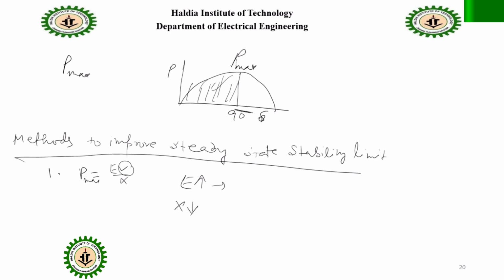And inductance can be decreased by using bundling of conductors, double circuit line, and series compensation.